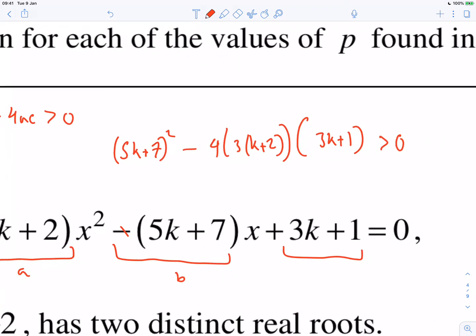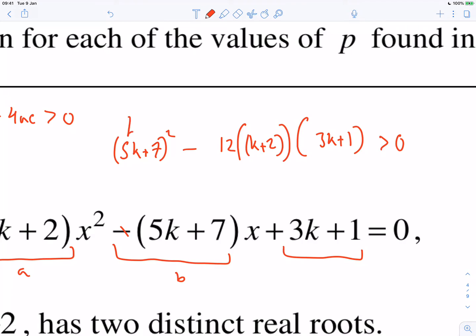Okay, lot to digest here. So let's do this in stages. 4 times 3 is 12. So I can get rid of this, make that 12, and then, okay, let's deal with this. Now what I'm going to do is pick out terms.